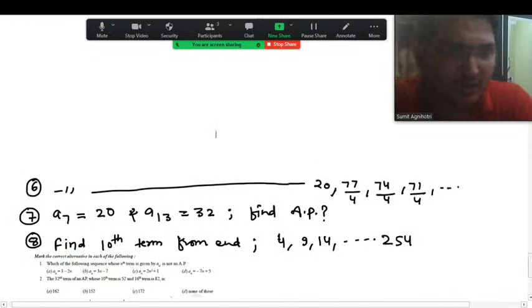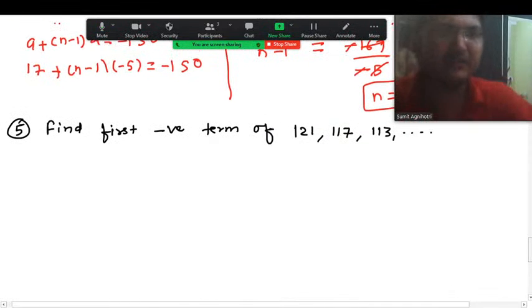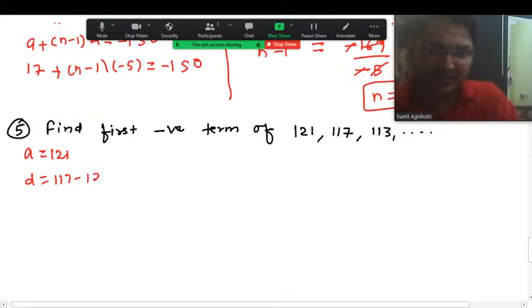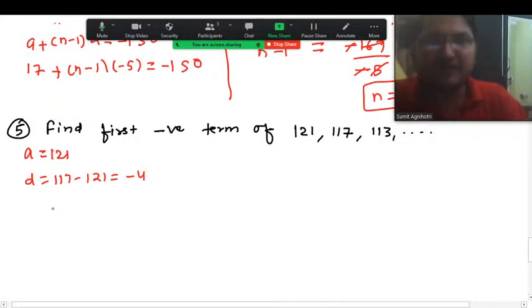Okay, in order to figure out the answer to a question like 5th, what we need to do is first understand the first term is 121, the common difference is 117 minus 121, that means minus 4. APs keep on decreasing, and once there will be values that are negative, and we want the first negative term.